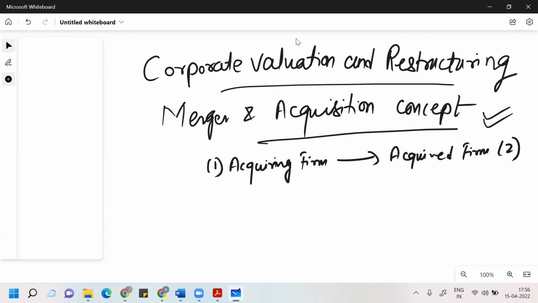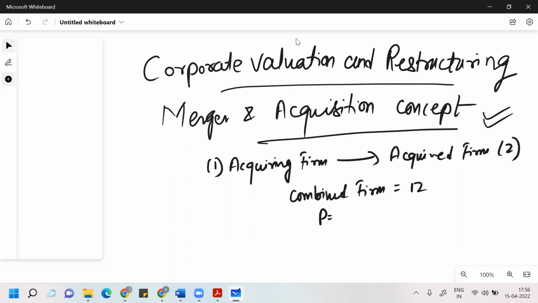So once firm 1 acquires firm 2, let the value of the combined firm be written as 1 and 2. That represents the value of the combined firm.